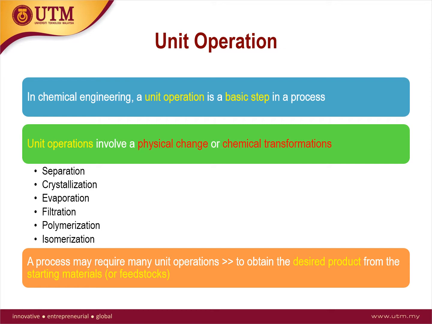It is impossible for a complete chemical engineering based process to involve only one unit operation. It requires many types of unit operation. The main target is to obtain the desired product from the starting material, or so-called feedstock.